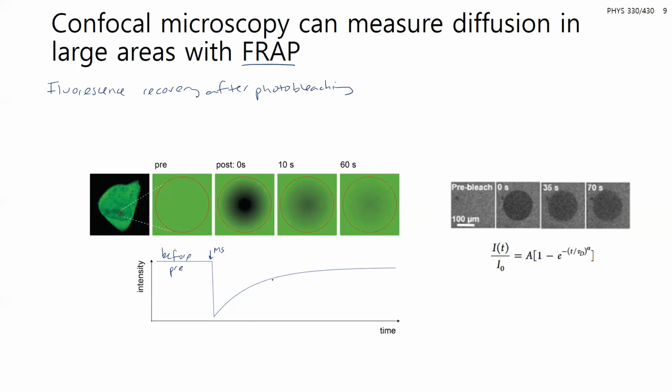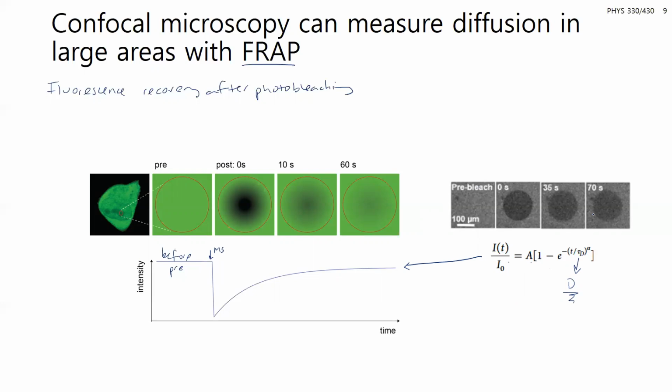And you look at the recovery over time, and that's the curve here. You fit that curve to an empirical equation where you look at your intensity versus time compared to the initial intensity, and you just fit with an amplitude, a rise time, and a stretching factor here. And this tau D, you can then again relate to the diffusion coefficient.